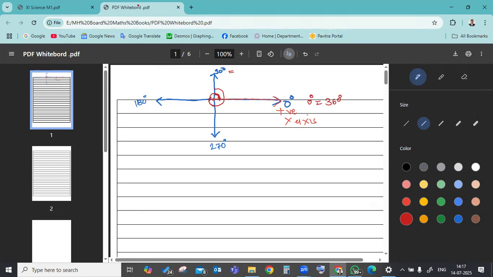90 degree, which is same as 450 degree, that is 90 plus 360. Okay. Again, if you rotate, then 180 degree will be same as 540 degree.